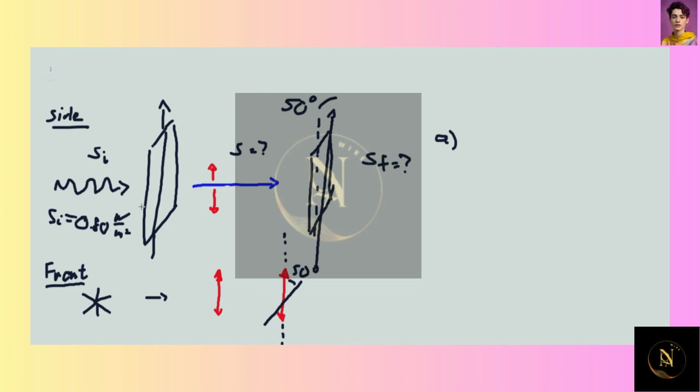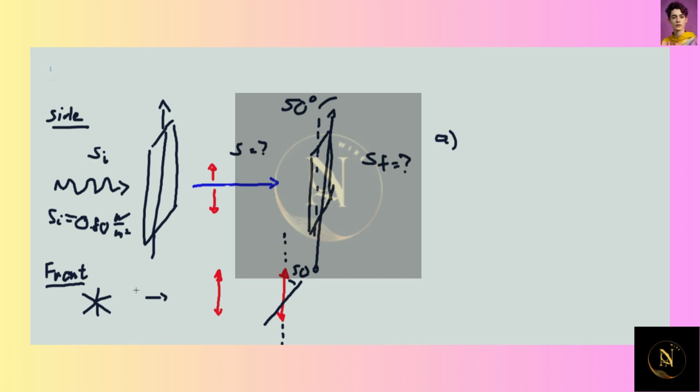Now we're told in this problem that we should assume that the light emitted by the light bulb is unpolarized. So if it then goes through a polarizer, because there are vibrations in all transverse directions, perpendicular to the direction of motion of the wave, which is represented here by this front view, if you looked at the light ray in a sketched version, you would see vibrations along all directions.